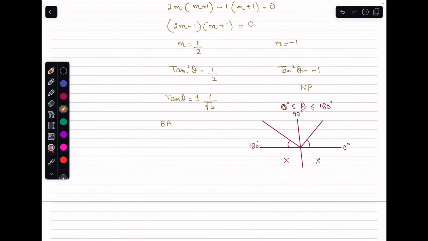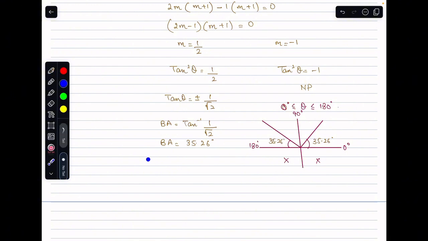The basic angle is going to be tan inverse of 1 over root 2, which comes out to be 35.26 degrees. In the second quadrant it's 35.26 degrees here.